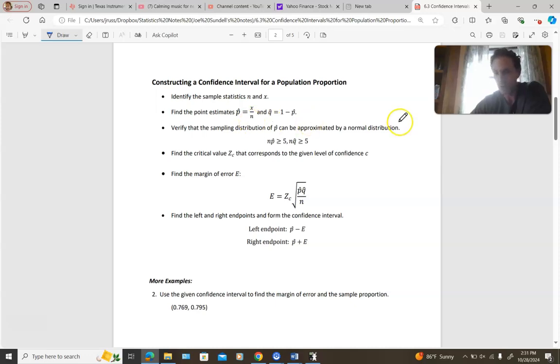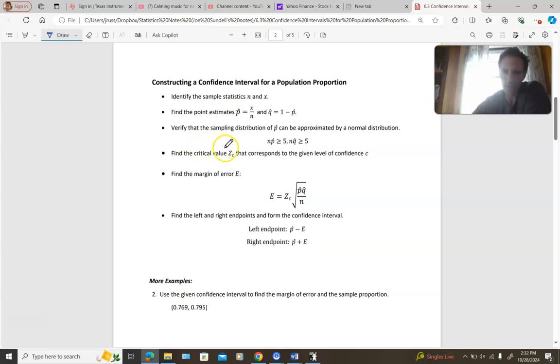Well, it's normal, okay? And so it's going to be normal for p hat as well, as long as it satisfies either of these conditions, either one. n times p hat is greater than or equal to 5. So this is, in most cases, going to be an easy condition to satisfy, okay? Now, we're not really going to worry about it in this section, we're going to assume that p hat is normally distributed, okay?